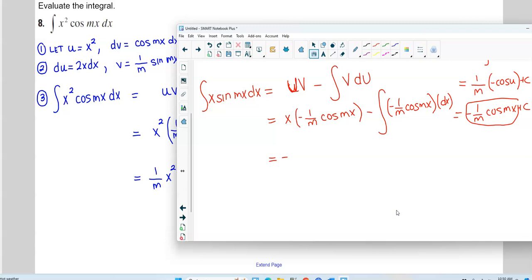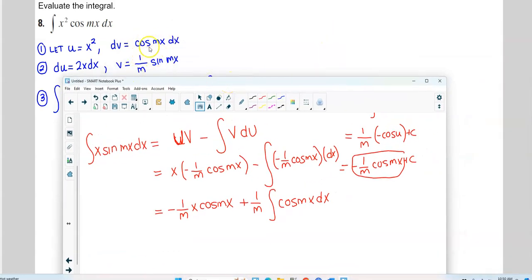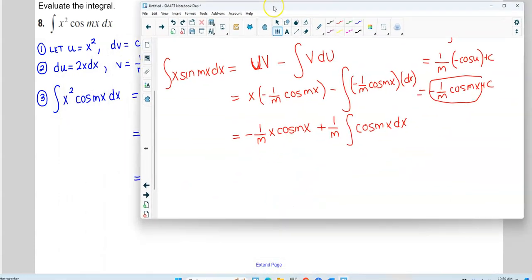So we have negative 1 over m times x times the cosine of mx. Factor out the negative 1 over m, and the minus becomes plus 1 over m. And then we want to integrate the cosine of mx dx. Well, we've already done that up here, the antiderivative of the cosine of mx is 1 over m sine mx.